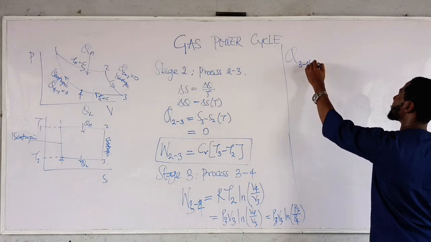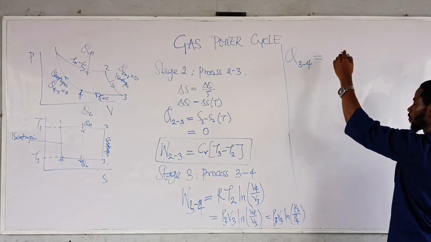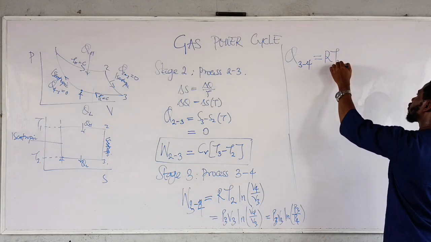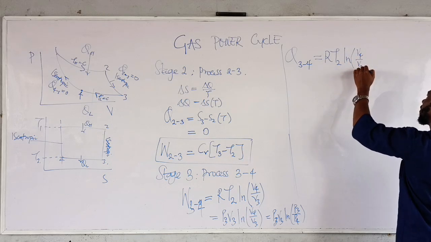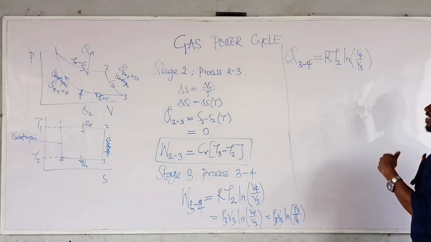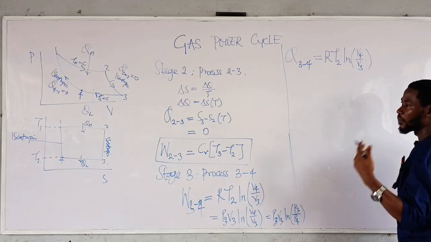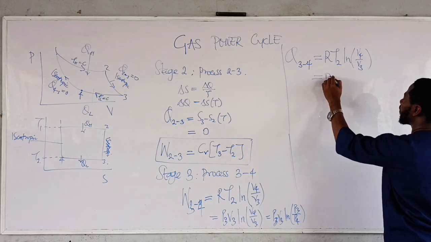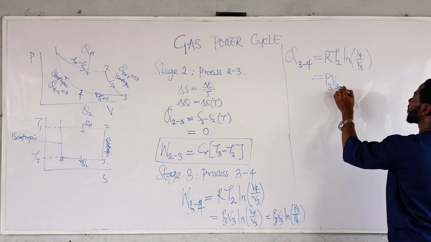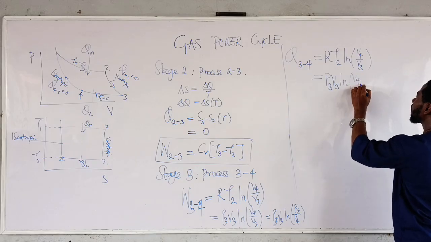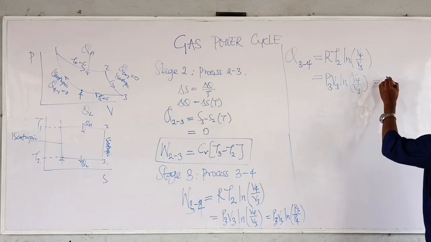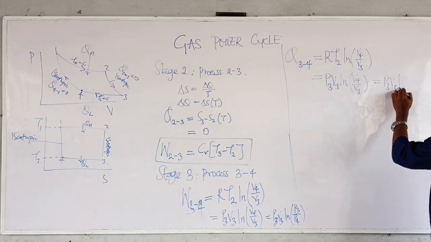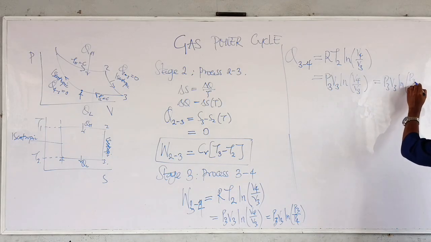Q3 to 4 becomes RT2 ln V4 over V3, which can also be written in terms of pressure and volume as P3 V3 ln V4 over V3, which is the same thing as P3 V3 ln P3 over P4.